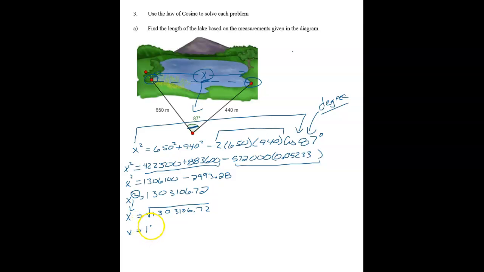And we get 1,141 decimal, and I'll write one decimal place, and our answer should be in meters. And then that answer would seem reasonable. From where someone is standing here, let's say an observer, it's 600 meters. To the other side of the lake is 400 meters. So yeah, coming in a little more than 1,000 meters across would seem reasonable.